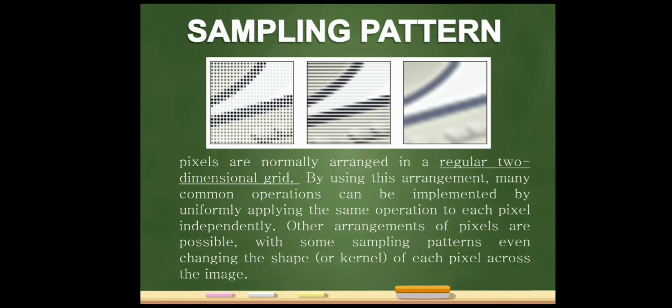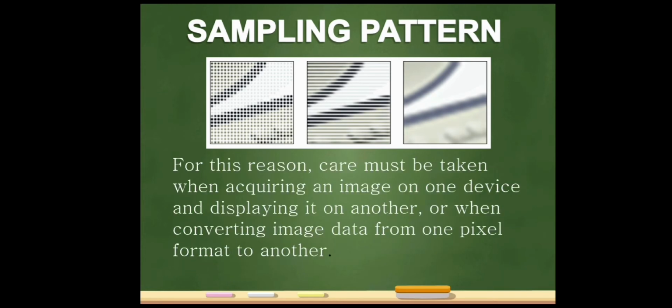Other arrangements of pixels are possible, with different sampling patterns, even changing the shapes of each pixel across the image. For this reason, care must be taken when acquiring an image on one device and displaying it on another, or when converting image data from one pixel format to another.